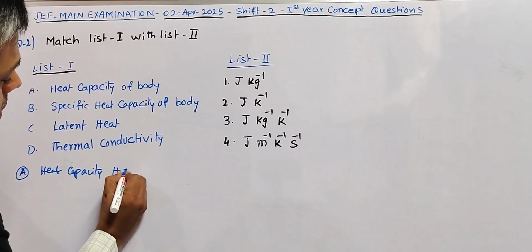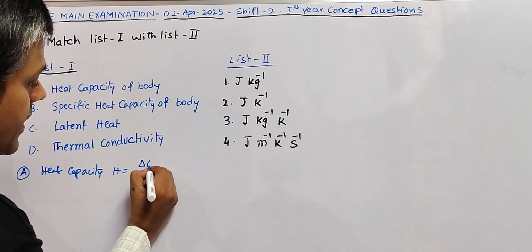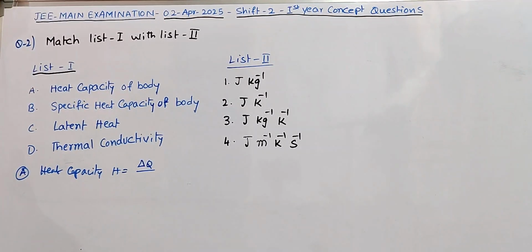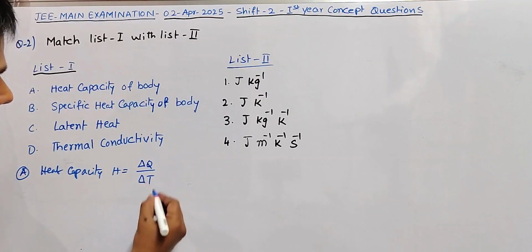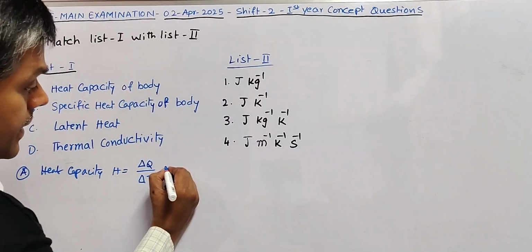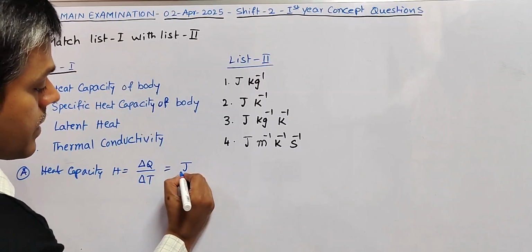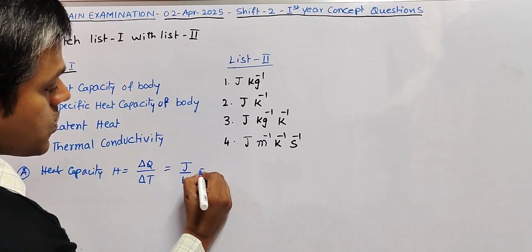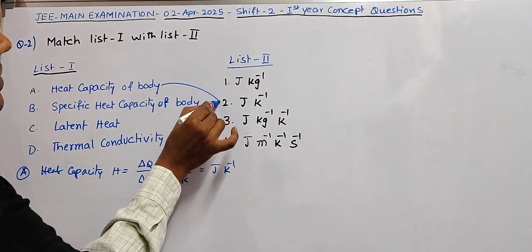We know the heat capacity of a body is defined as the amount of heat required to raise the temperature of a body by one degree Celsius. That means H is equal to delta Q by delta T. Here delta Q is heat, a kind of energy, so joule, and temperature is Kelvin. So the unit is joule per Kelvin.